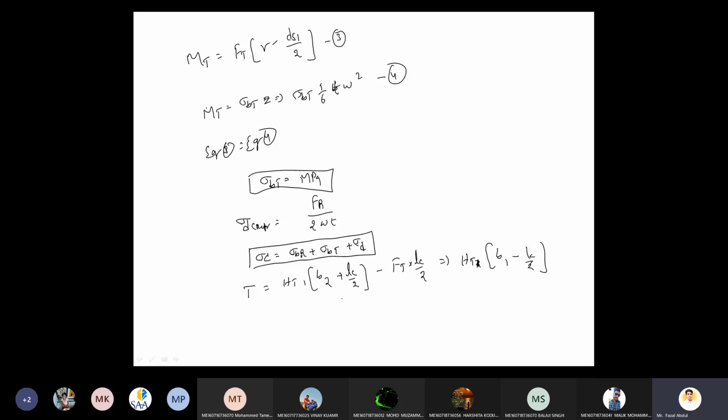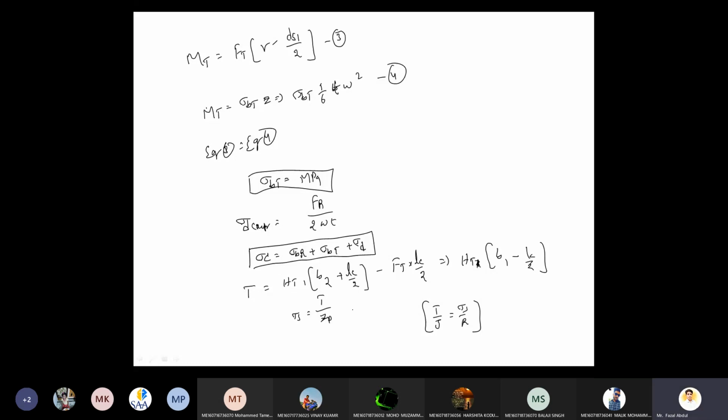Okay. And the shear stress due to the torsion. From the torsion equation, how much is the shear stress? From the relation T by J is equal to shear stress by R, with this relation I'm calculating. So shear stress equals T by Zp, the section modulus.